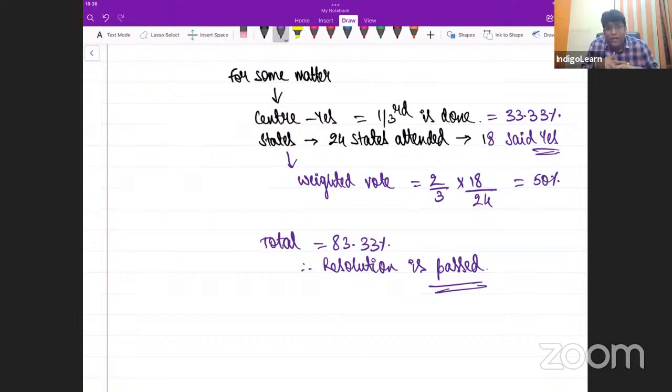From the state side we have every state representative. The center, put together, has a weight of 1/3 weighted vote, and all the states put together have a weight of 2/3 weighted vote. But to pass a resolution, there should be a 3/4 majority, that is 75%. That's it. I hope we are clear with this.